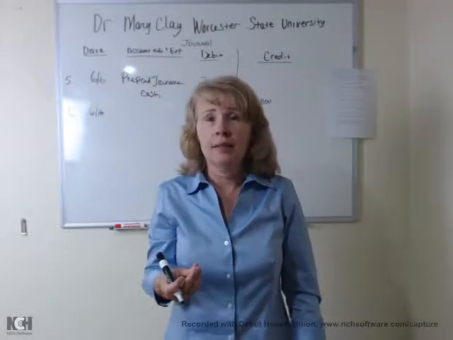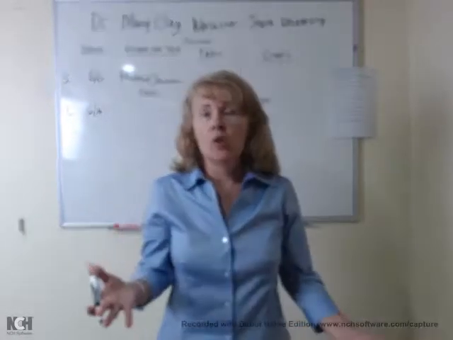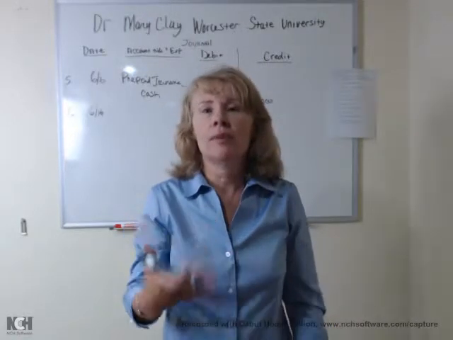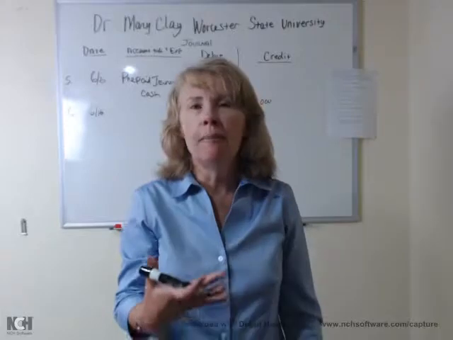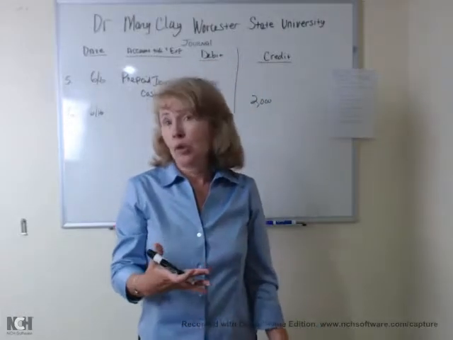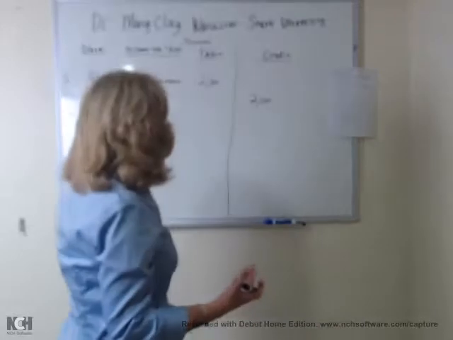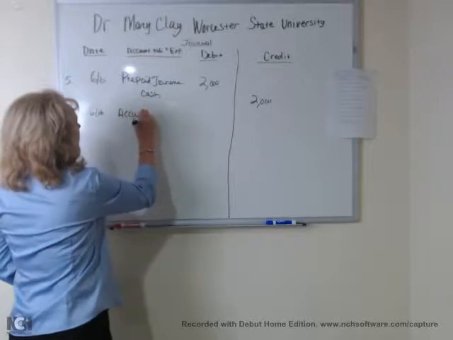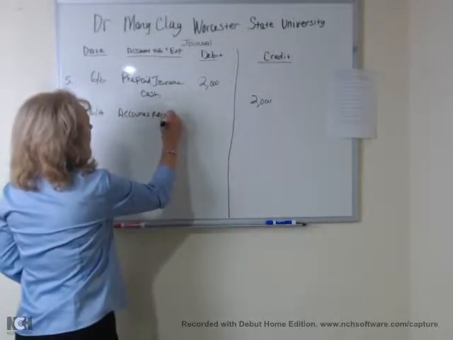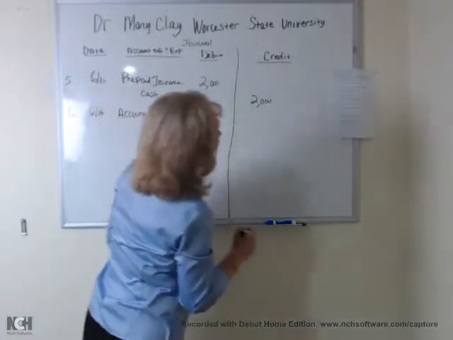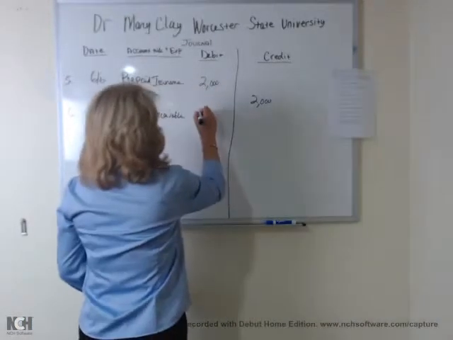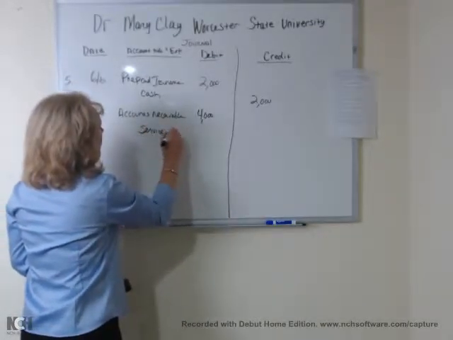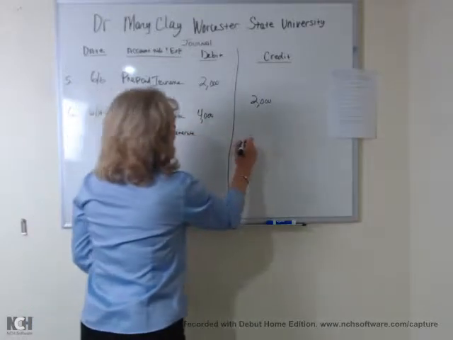The other side is it's going to be billed, so they have not paid cash yet. So how do you tell your business that you need to receive money? You're going to call it accounts receivable. So let's put the accounts. You would debit accounts receivable, and that is $4,000. And you would credit service revenue $4,000.